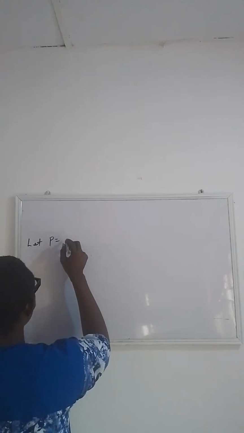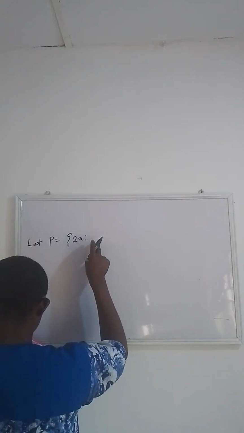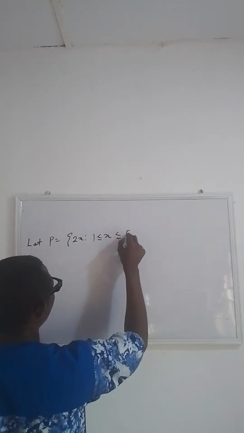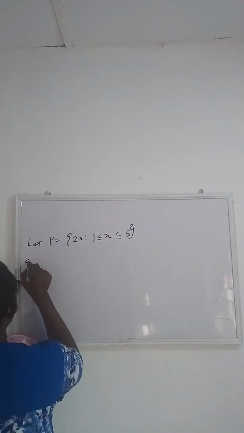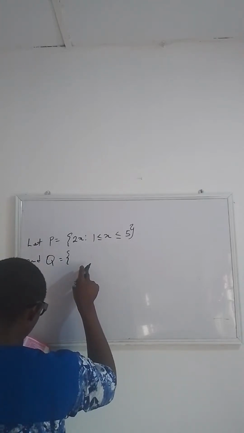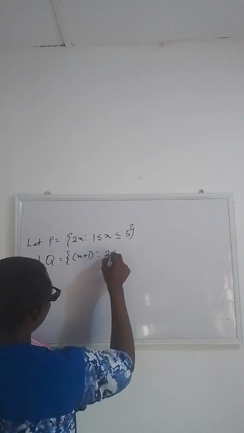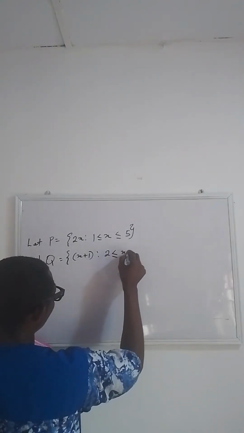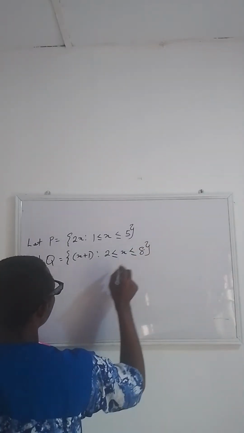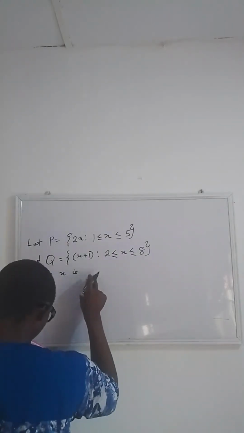Let P be the set of 2x such that 1 is less than or equal to x, less than or equal to 5, and Q is equal to the set of x plus 1 such that 2 is less than or equal to x, less than or equal to 8, where x is an integer.